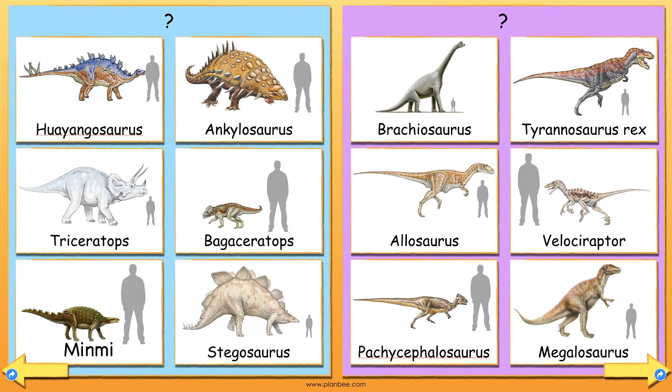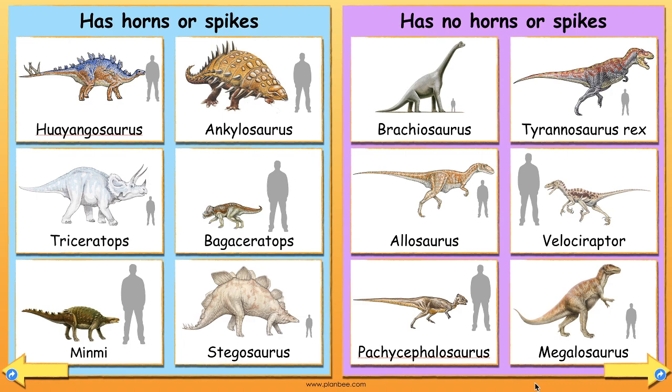Brilliant. Right, let's see if you are right. Let's have a look. So the first group has horns or spikes, and the second group has no horns or spikes. Well done if you got that right. Brilliant. Let me know in the chat if you got that right.